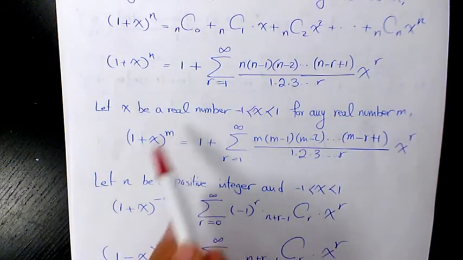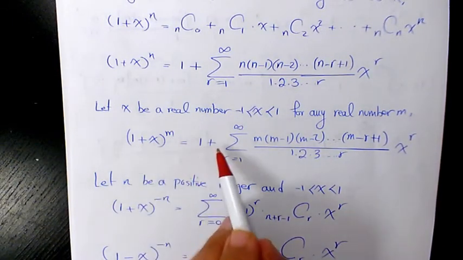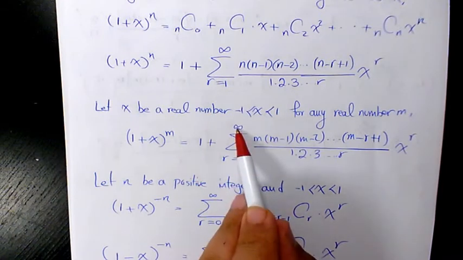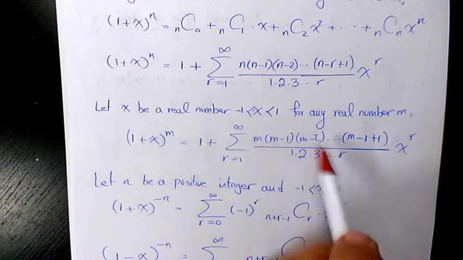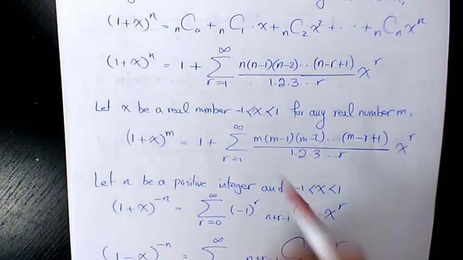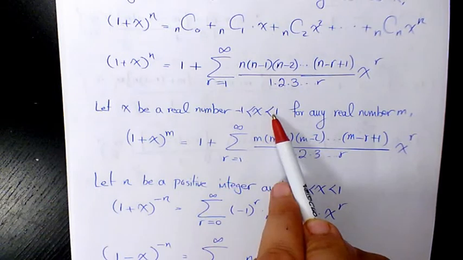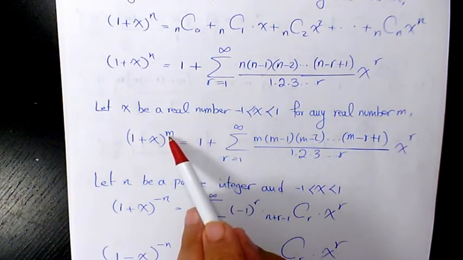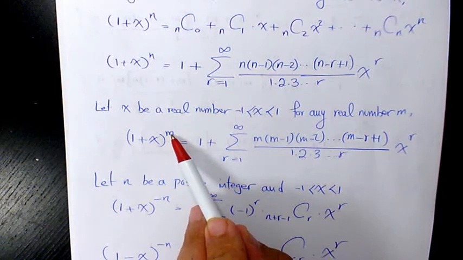We can write it as 1 plus sigma r equals 1 to infinity of m times, exactly what you see here. So if x is between negative 1 and 1, we can extend it to any real value for m.